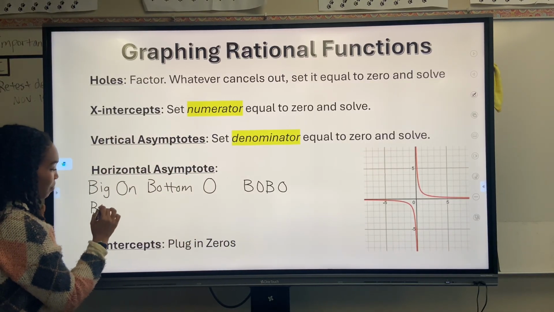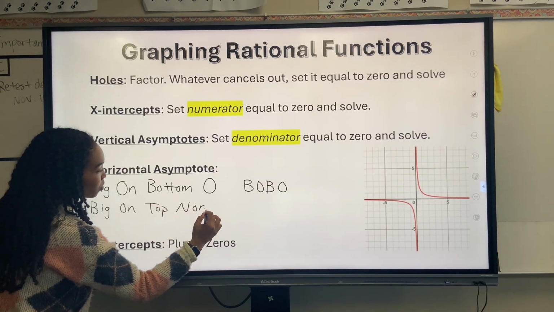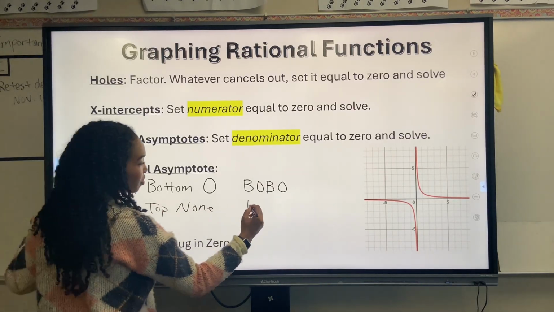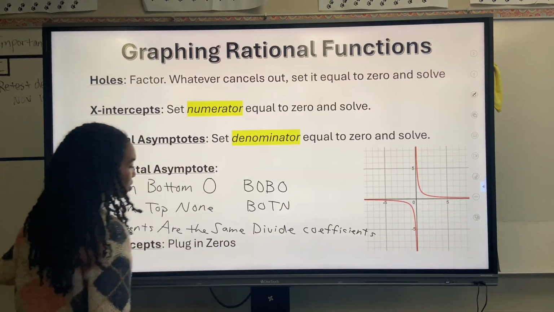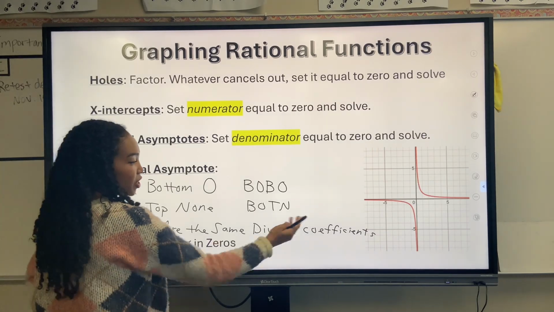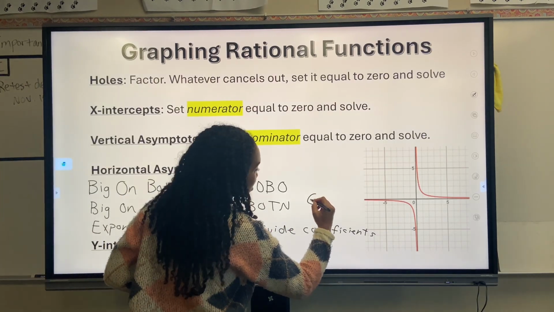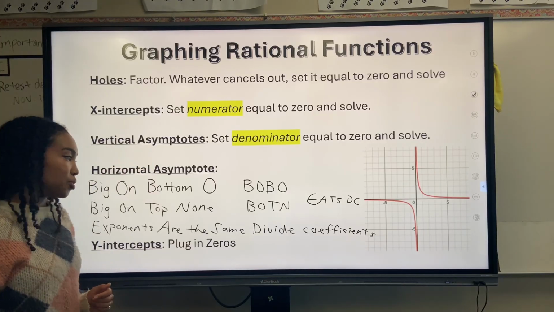If it is big on top, you have no horizontal asymptote. You guys called this BOTN last year, the mnemonic. Your last one, if the exponents are the same, divide coefficients. You guys called this EATS DC last year in Algebra 2.